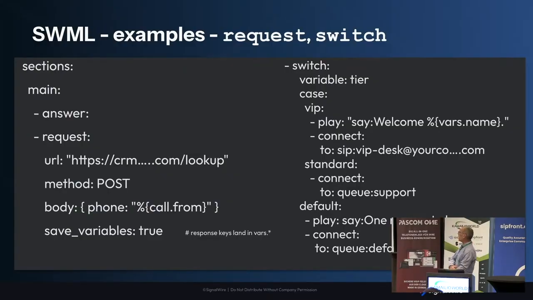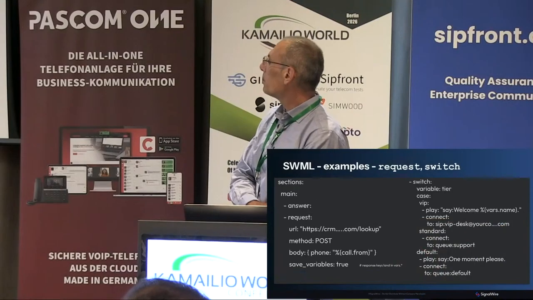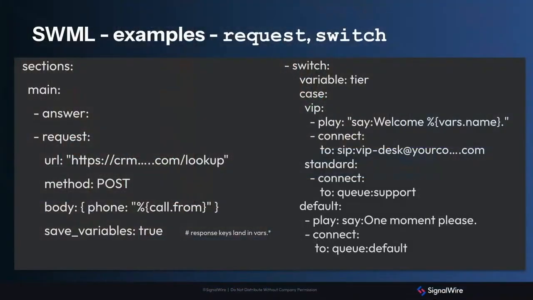Also, something powerful, you can perform requests directly from the scripts. So in this case, you provide a URL with a body that is filled with metadata from the call itself. You perform the request, and then based on the result, you can have conditional behavior.